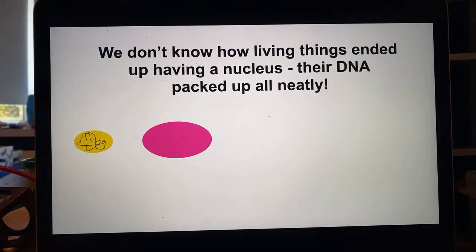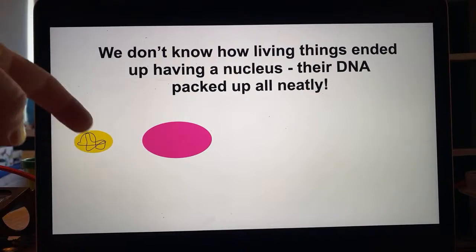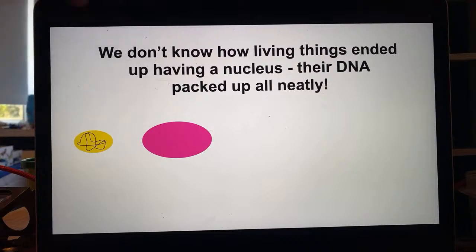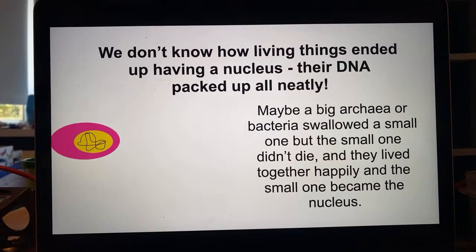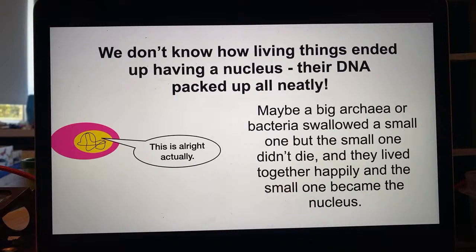We don't know how some living things ended up with their DNA all wrapped up in a nice little membrane called the nucleus. But it might be that maybe a big archaea or bacteria swallowed a small one, but the small one didn't die, and they just sort of coexisted together and then gradually evolved, and the small one just became the nucleus.